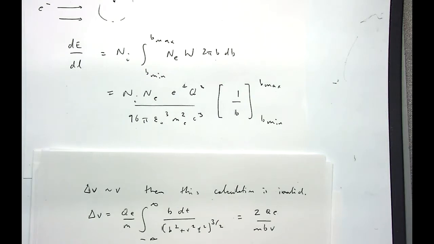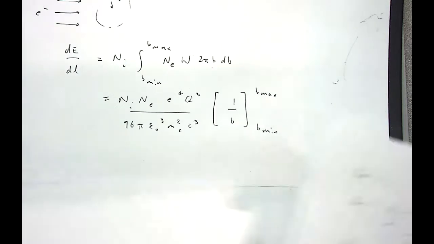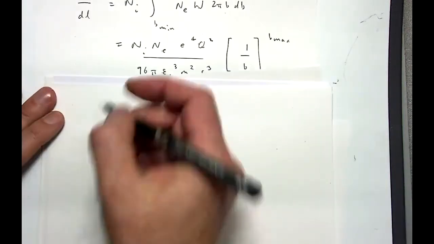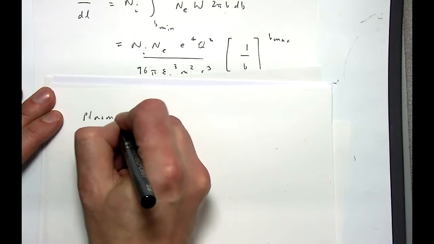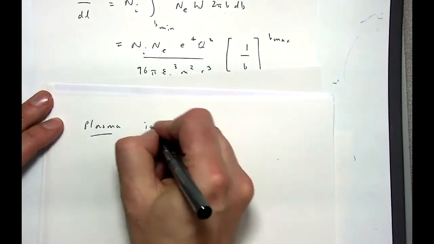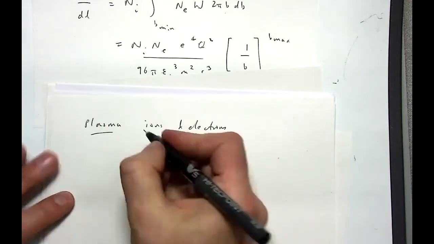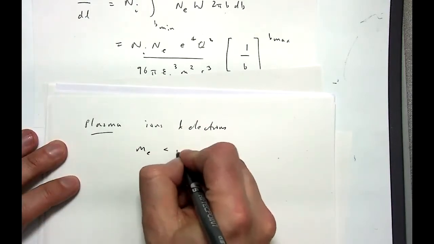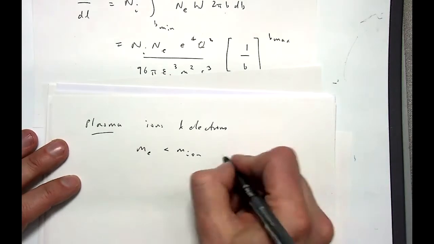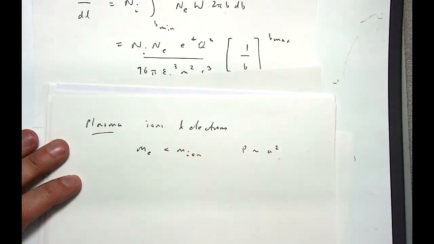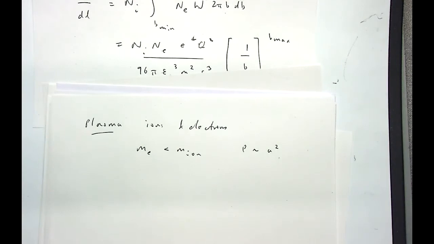So let's try and calculate that. Let's try and calculate it for a very important case, which is called free emission. So I have a plasma, and the plasma is composed of ions and electrons again. And because the mass of an electron is clearly much less than the mass of an ion, and we know that the power emitted is proportional to a squared, what it tells us is that when I have a system of ions and electrons moving around, the ions don't see much of an acceleration and they don't radiate much, whereas the electrons do see an acceleration and they do radiate a lot.